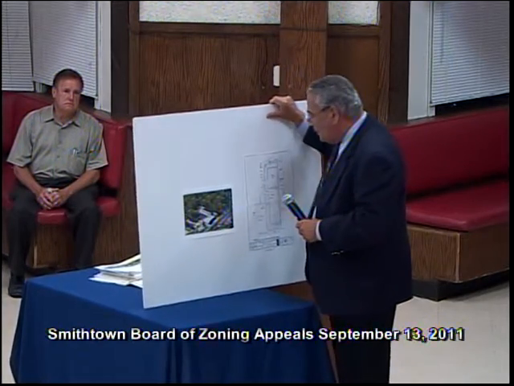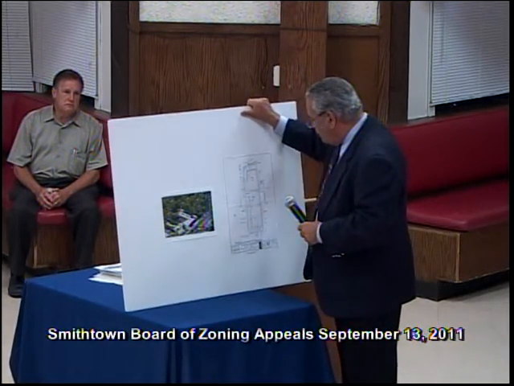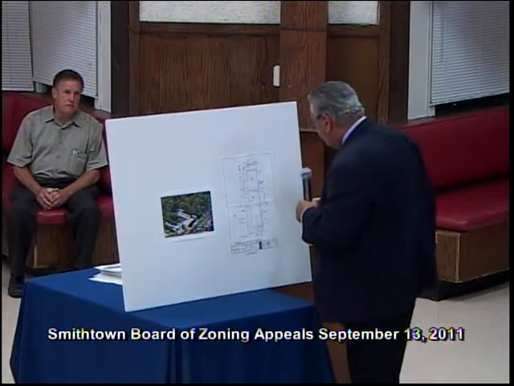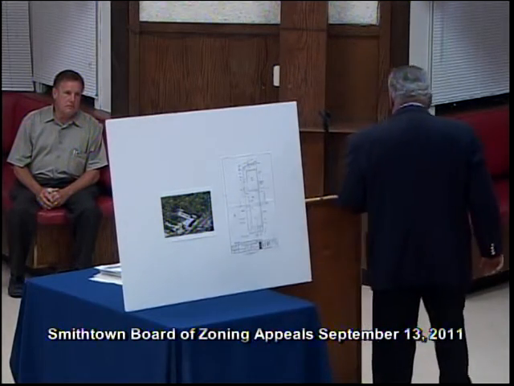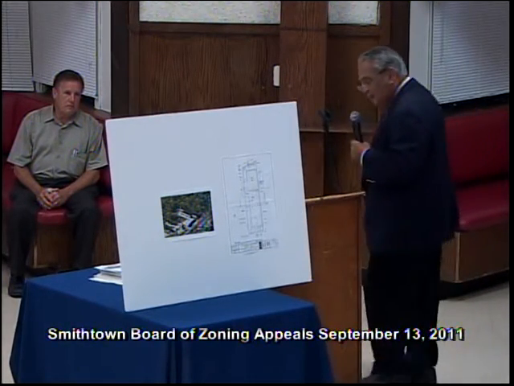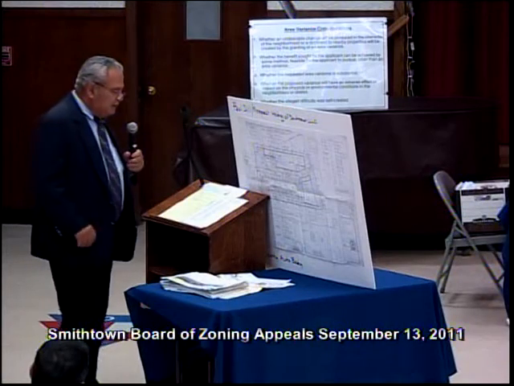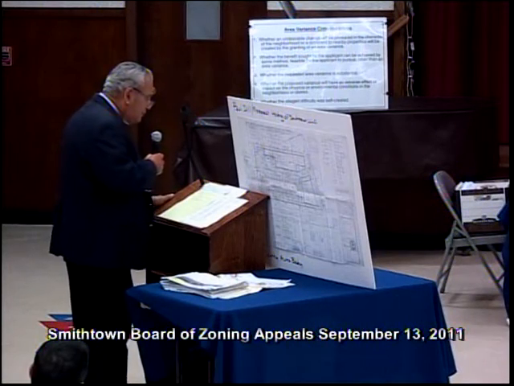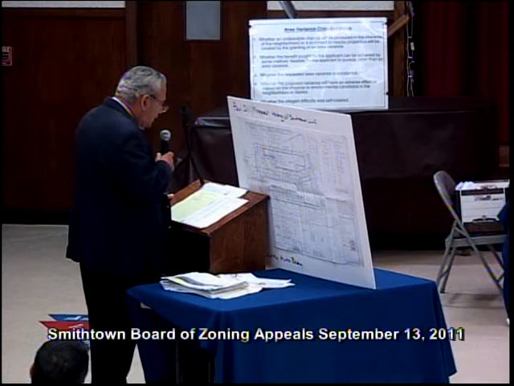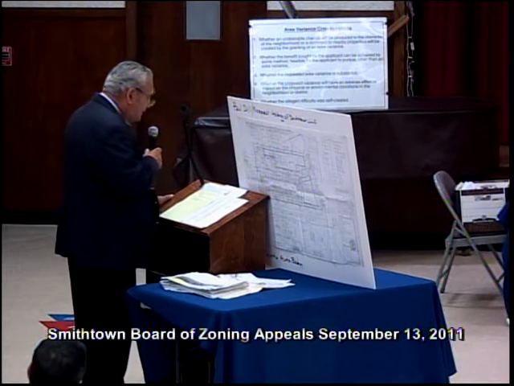One of the things that we're asking this board to do is something that the board allowed me to do with another client probably a year and a half ago, and that was Bel Air Auto, which is also a body shop in the western end of the town.